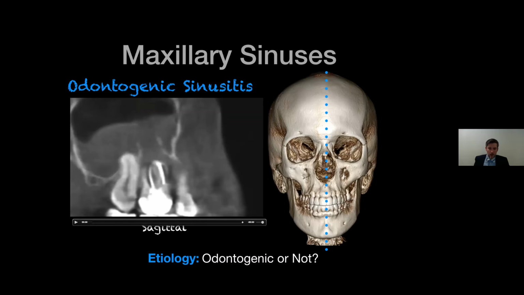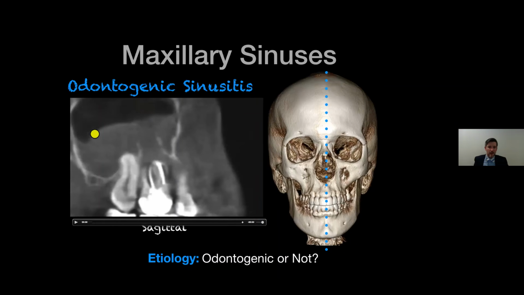I always make this designation if I see something like this, because if there was inflammation in the sinus, and as the dentist I wanted to refer that patient maybe to an ENT to be evaluated, the ENT would want to know, can I remove any sort of etiology here as the ENT?